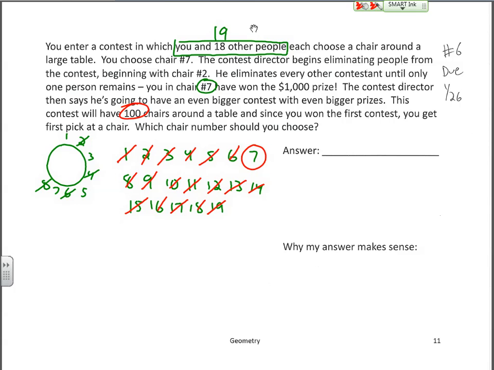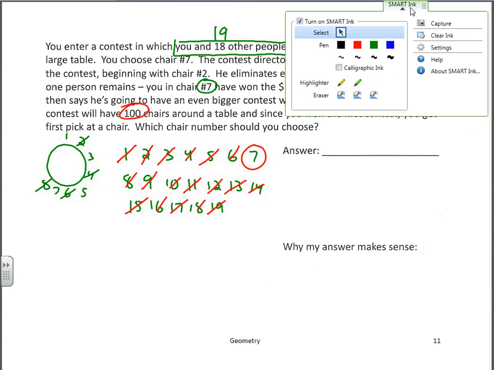Regardless of how you do it, whether it is a calculation, a diagram like I have here, words, or a computer program, make sure you explain how you got the answer and why that answer makes sense. Maybe this one's not so much why the answer makes sense, but definitely how you got that answer.